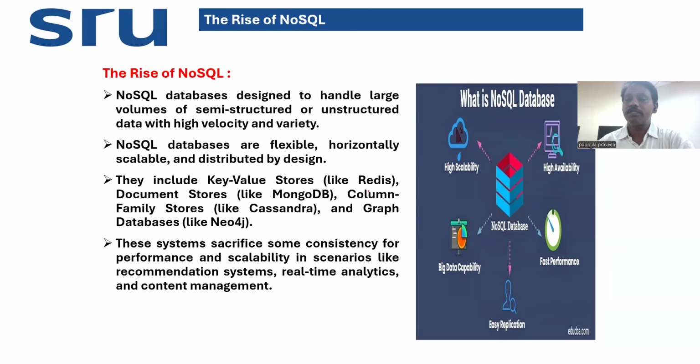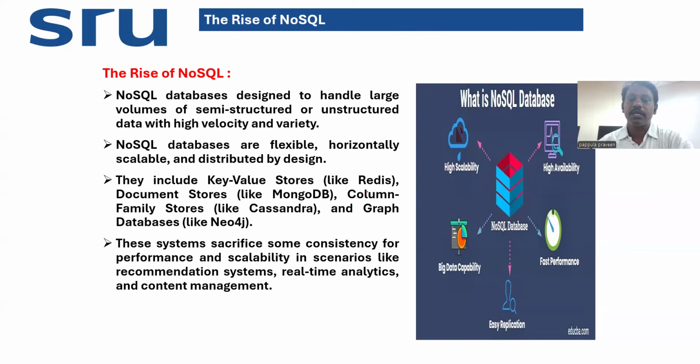NoSQL databases are flexible, horizontally scalable, and distributed by design. They include key-value stores like Redis, document stores like MongoDB, column family stores like Cassandra, and graph databases like Neo4j. These are the four different types of NoSQL tools.